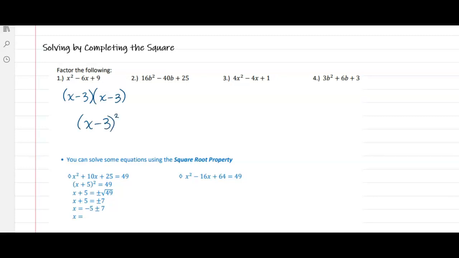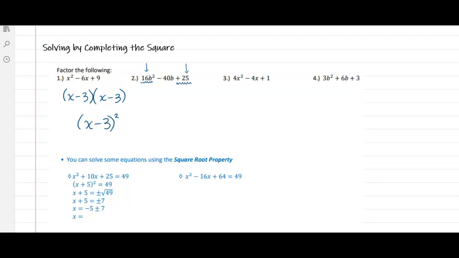This next one, if you don't notice the pattern, just like we had in our first example, this first term is a perfect square, the last term is a perfect square, and the middle term is twice the product of their square roots.